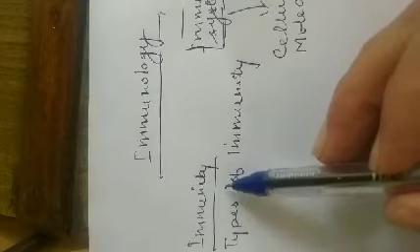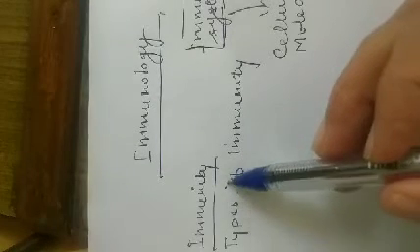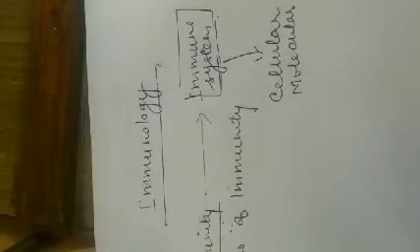Means the immune system has certain components, cellular, and also at a deeper level, molecular. Now, what is immunity? Immunity means it is a natural or acquired resistance of an individual to fight against a particular disease, and this immunity is provided by the immune system, right?